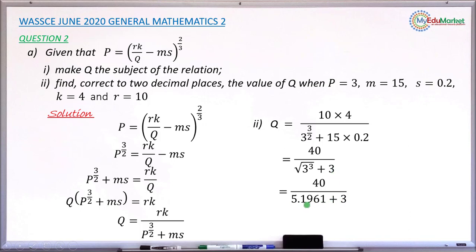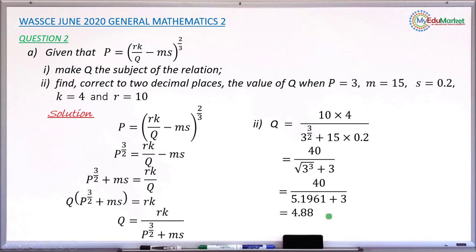Next, divide 40 by the result of 5.1961 plus 3. If you do that correctly, it gives you 4.88 rounded to 2 decimal places. So the value of Q is 4.88 when P is 3, M is 15, S is 0.2, K is 4, and R is 10. And that answers this question.